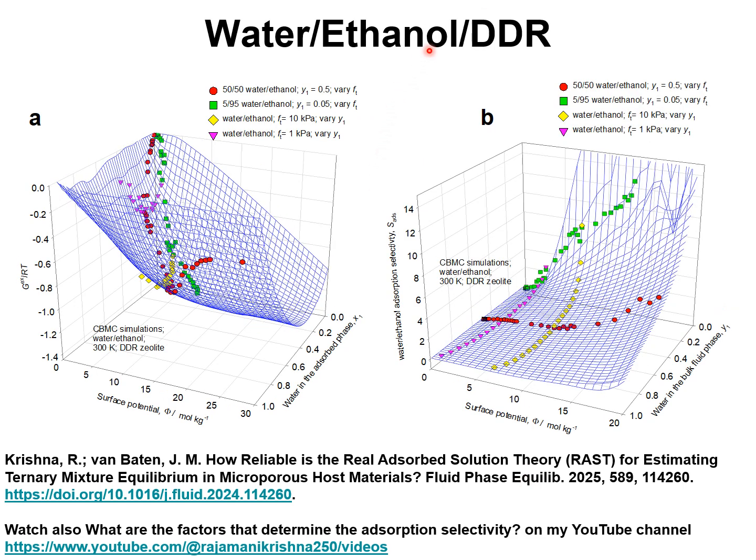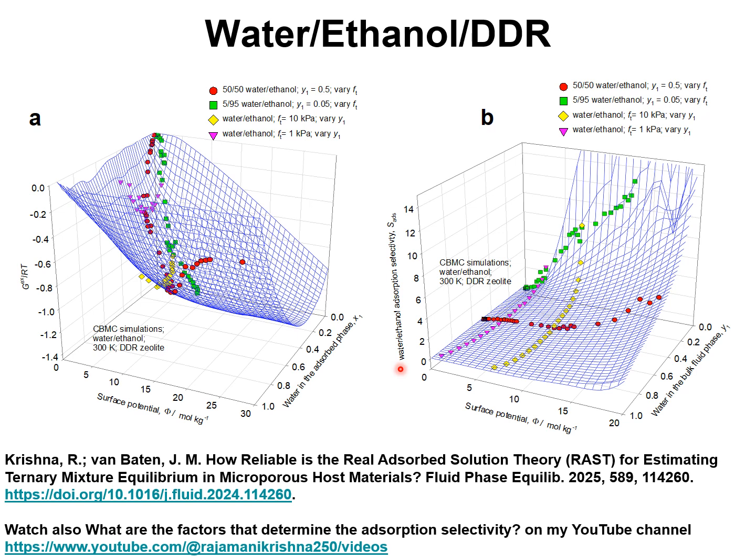For water-ethanol mixture adsorption in DDR zeolite, again we have strong thermodynamic non-idealities, and the deviations from ideality are modeled using the NRTL description of activity coefficients as discussed in my paper.